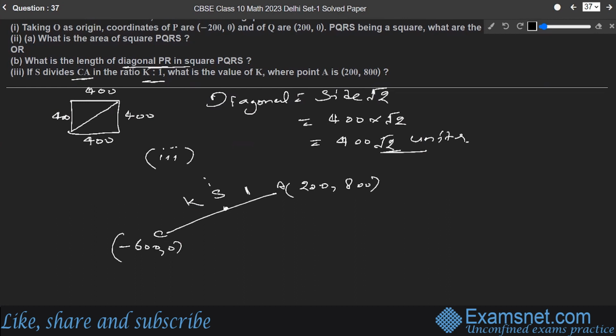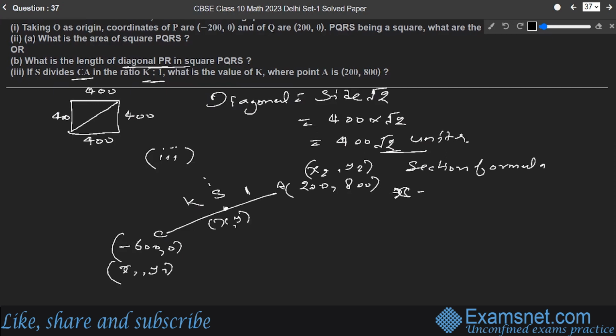So let us take the values. Let us say this is x1, y1, and this is x2, y2. We can use the section formula for division in a particular ratio. What is our section formula? Let us say the coordinates of the point S are x and y.